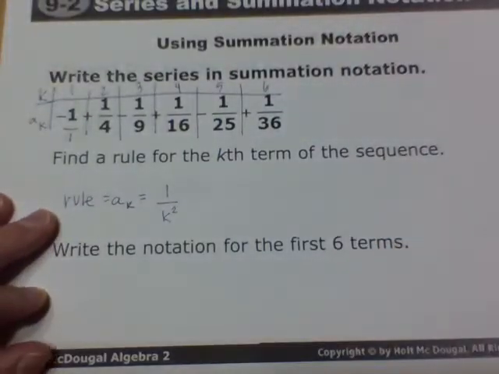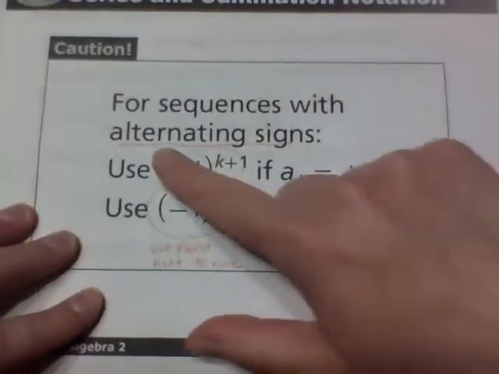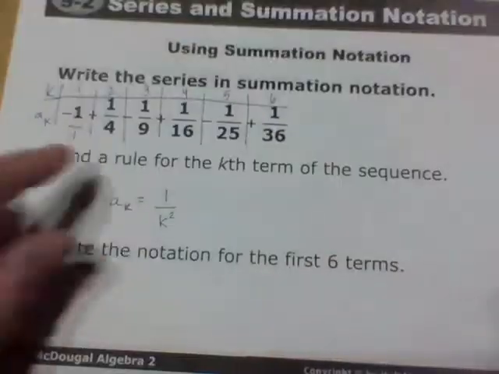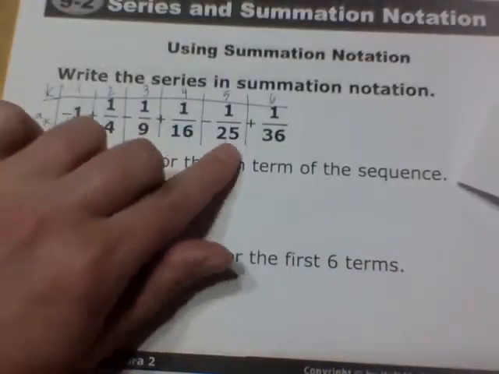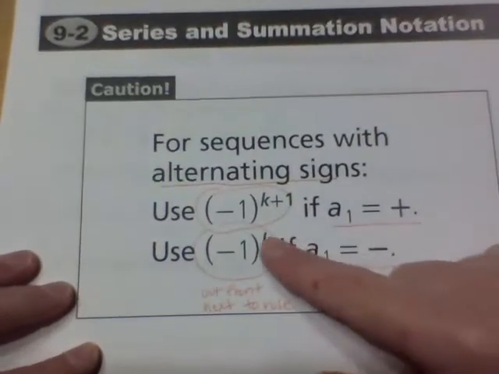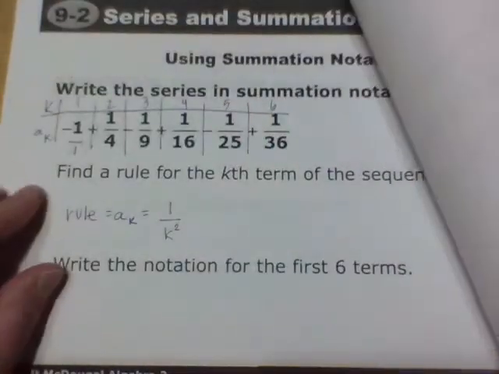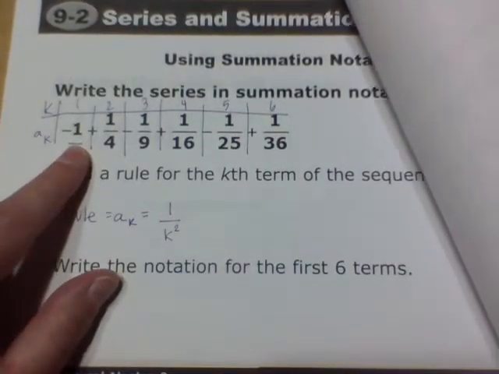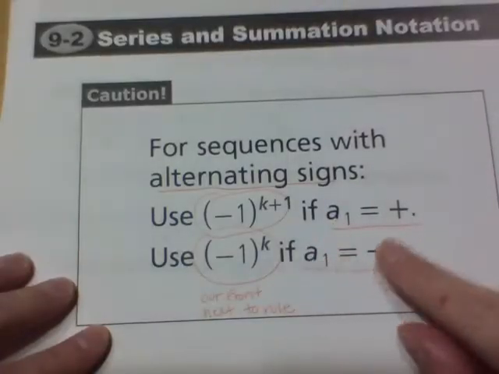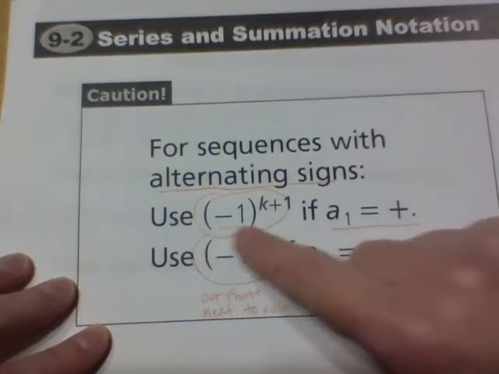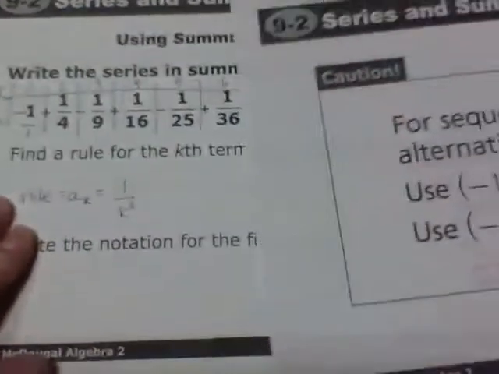Okay, then we need to note, because there's alternating signs, right? You see that there's a minus, plus, minus, plus, minus, plus. So is the first term positive or the first term negative? So back to our example, the first term is negative. So first term negative means that I need to include this set of symbols with my rule.